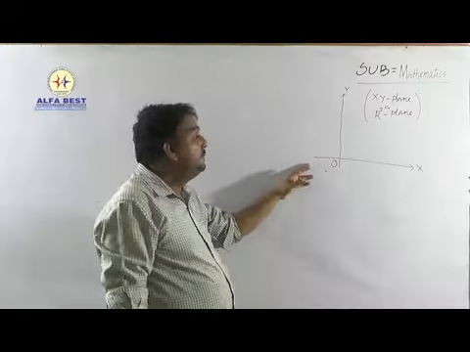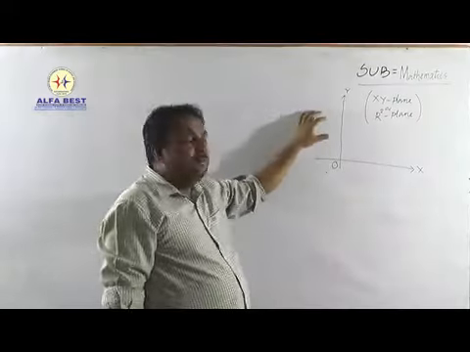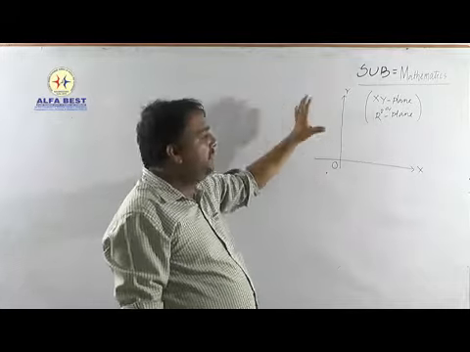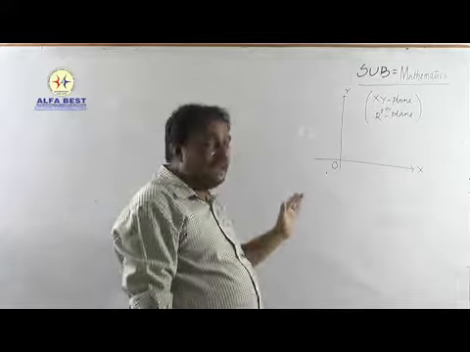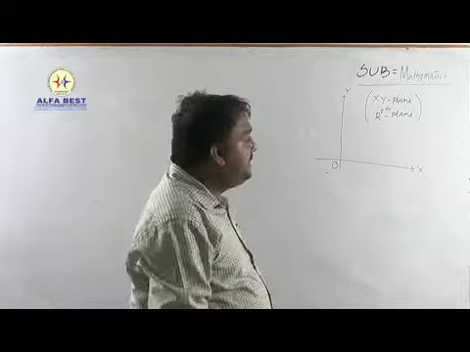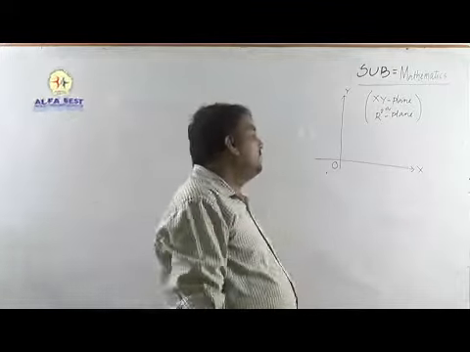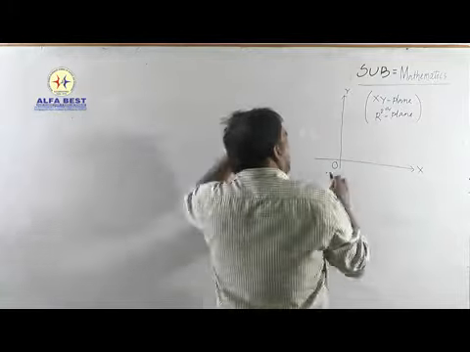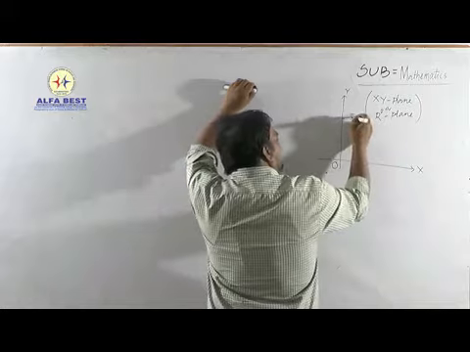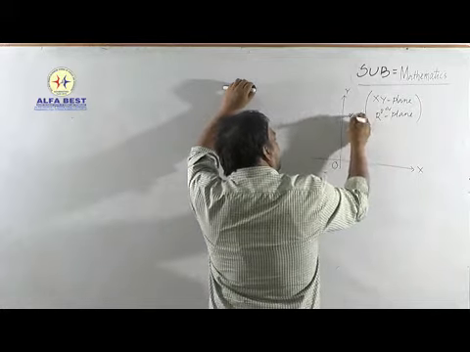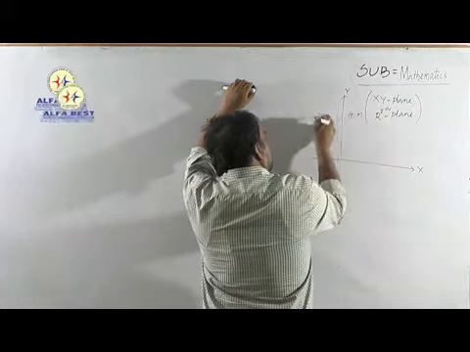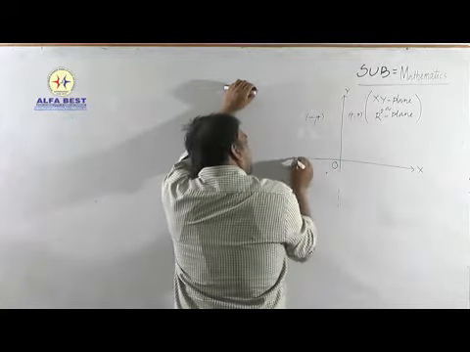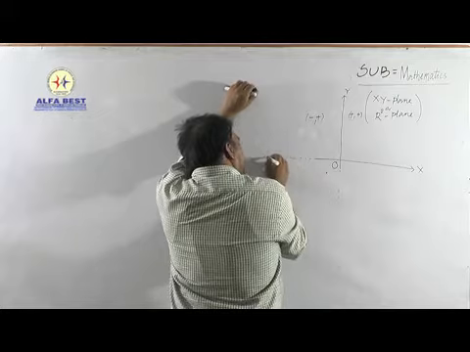Now, you see here, this is your xy plane. You know, x-axis, y-axis, when two axes are there, that is the xy plane. This is the plus part. This is your minus part, and this part you take as x dash.